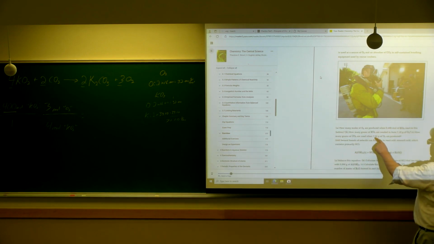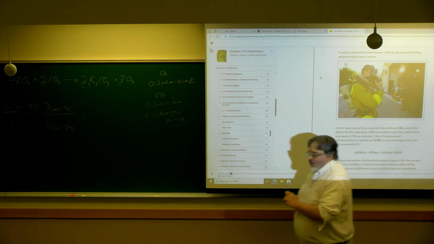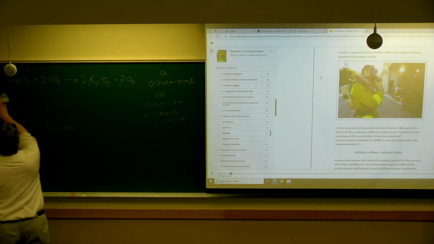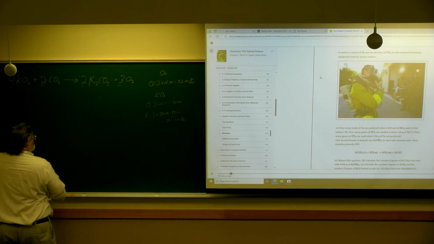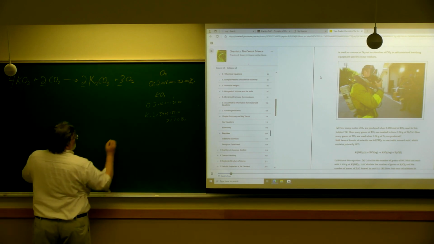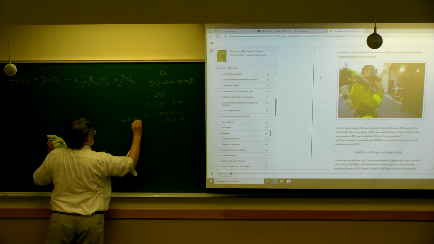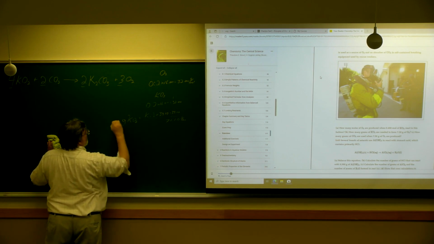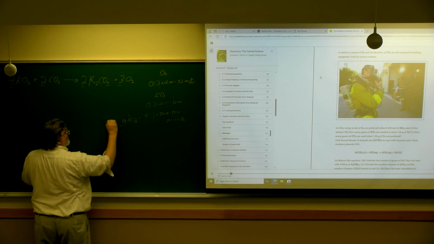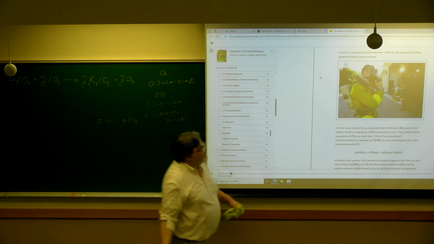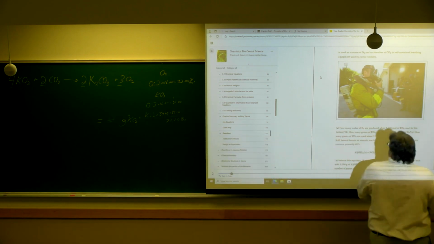How many grams, all right, how many grams of KO2, so let me do this first. Grams. So I'm going to get some numerical value there. All right. So that's what goes on the right side of the equal sign.